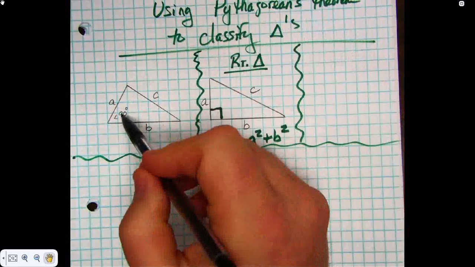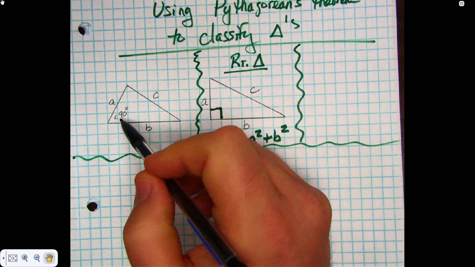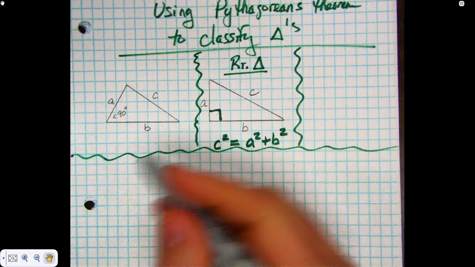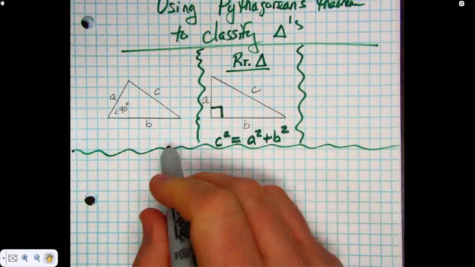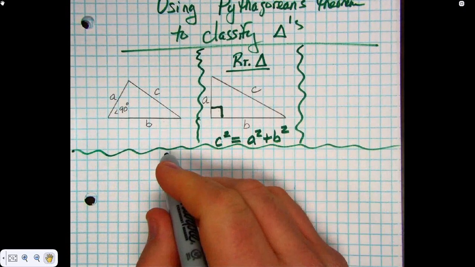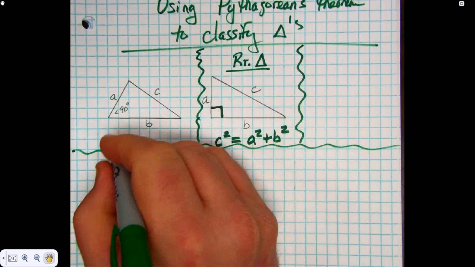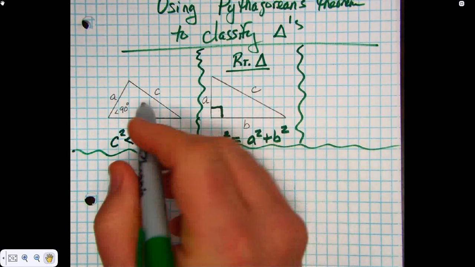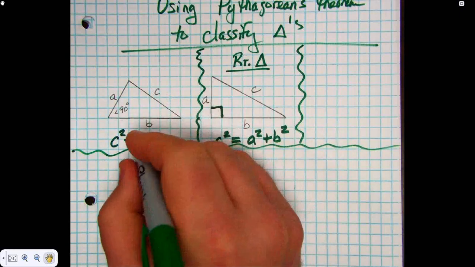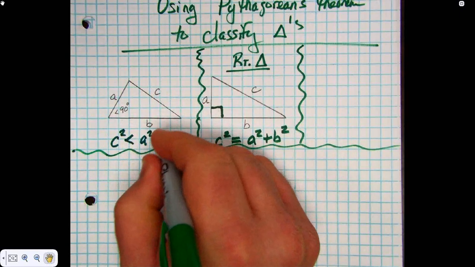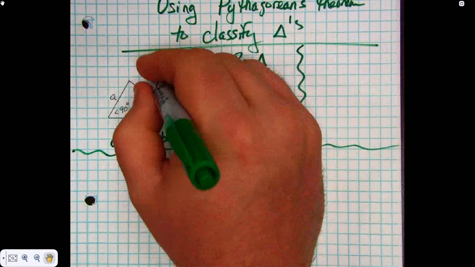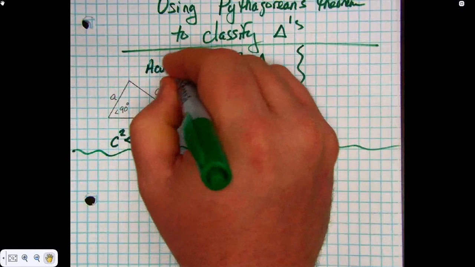And all I did is what? Made that smaller. So what it turns out is that Pythagorean's theorem will work in the same way. If c squared is less than, because it got smaller, a squared plus b squared, you can say without a doubt, without even drawing the triangle, that it is an acute triangle.